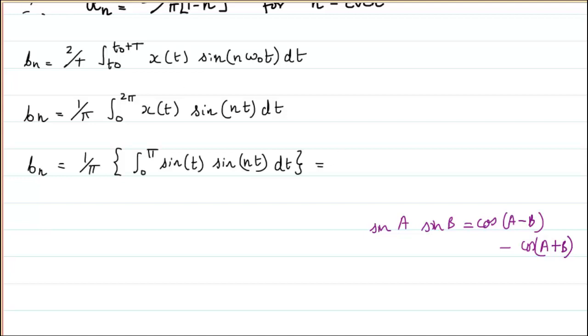So I am going to use that formula, and I will write 1 by pi integral going from 0 to pi, and now I am having cos a minus b, which comes out to be 1 minus n t minus cos 1 plus n t.